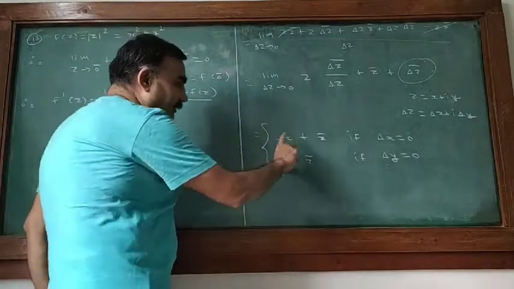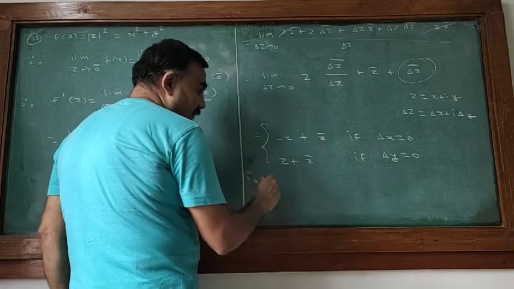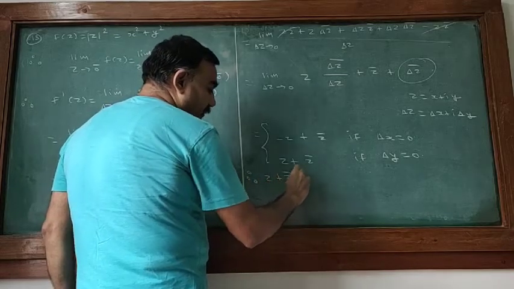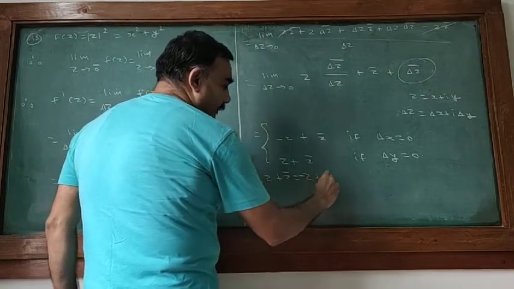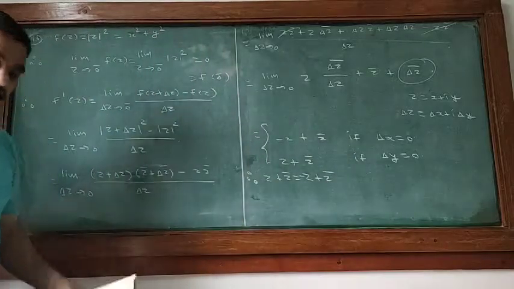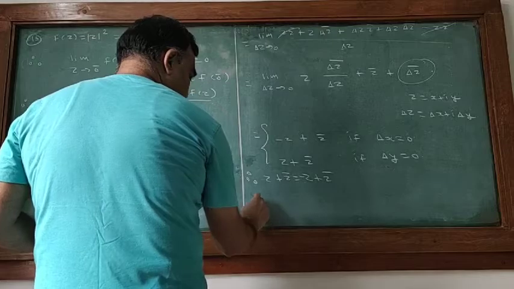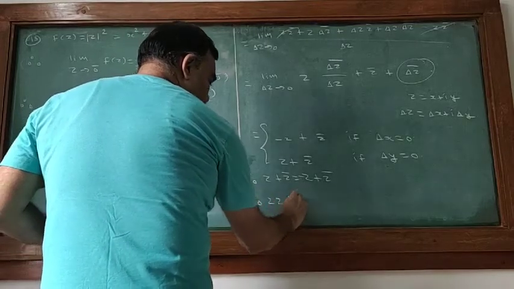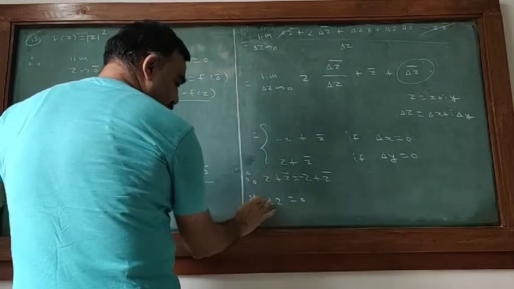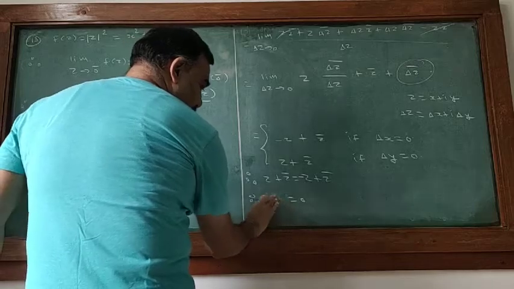So whenever both these values are equal, z plus z bar equal to minus z plus z bar, and therefore 2 of z equal to 0. This is 2 and this is z.